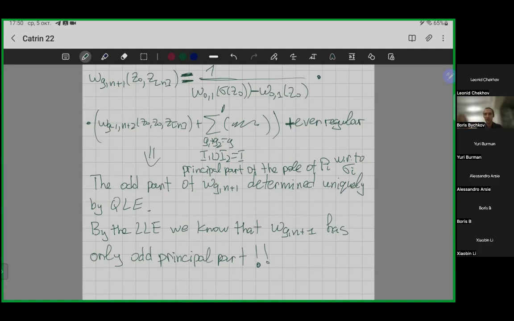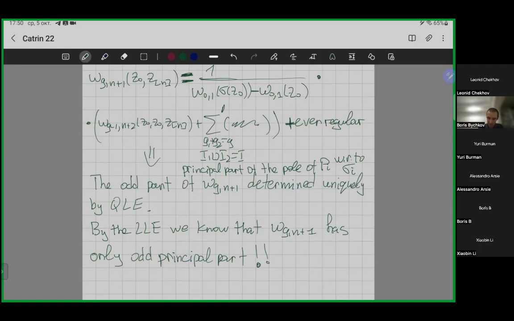So up to a constant, we could reconstruct this. We know these omega g,n, and the constant we fix by stating that they are zeros at the origin, for example, and they're done.